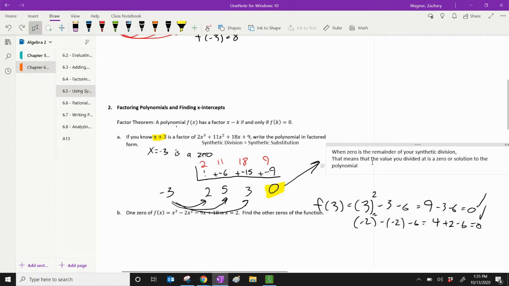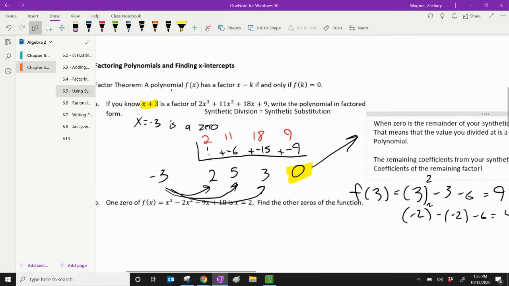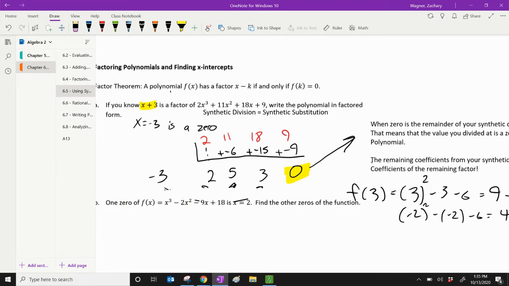And lastly, what that also tells you, the remaining coefficients from your division, synthetic division, are the coefficients of the remaining factor. This is what's so cool about it, right?